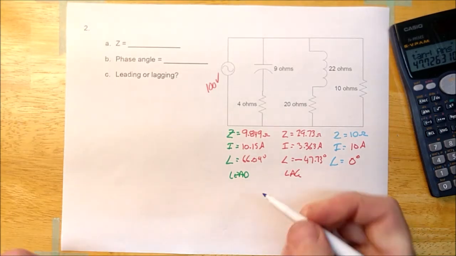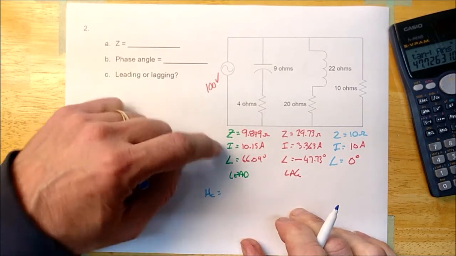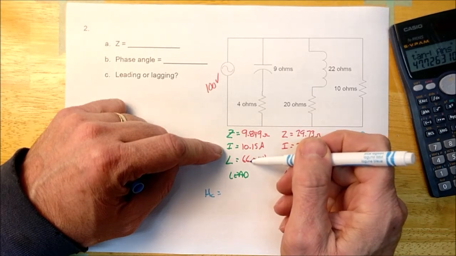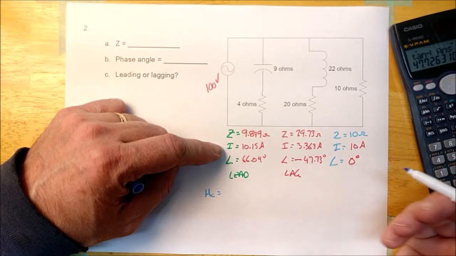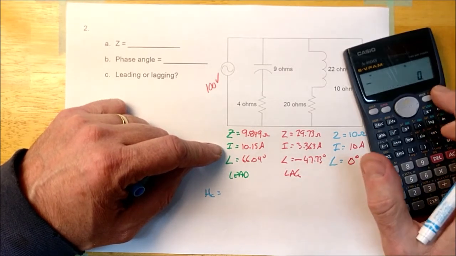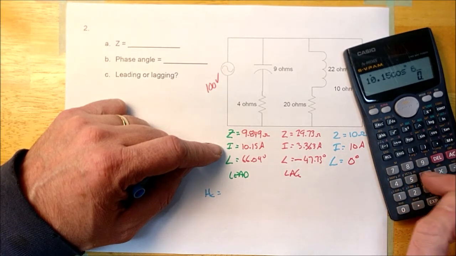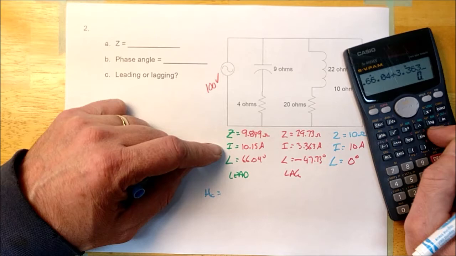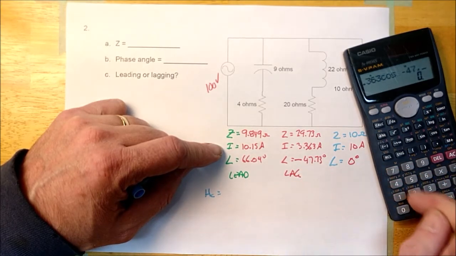I am going to calculate the horizontal component now. If it's okay with you, I'm not going to write the whole thing out, because it's going to be 10.15 cos that plus 3.363 cos that plus 10 cos that, and that's it. So I'm just going to punch it all into my calculator, making sure I make that negative.